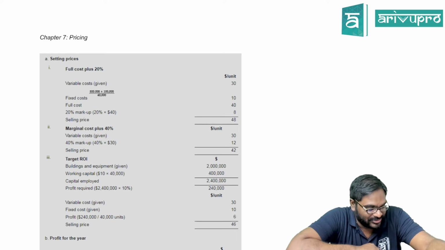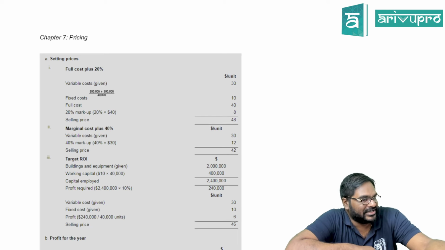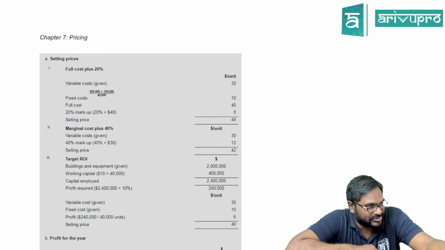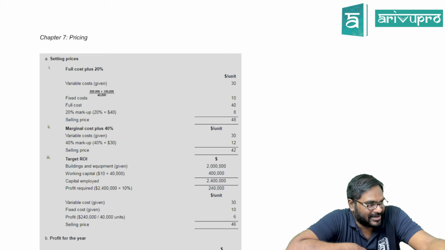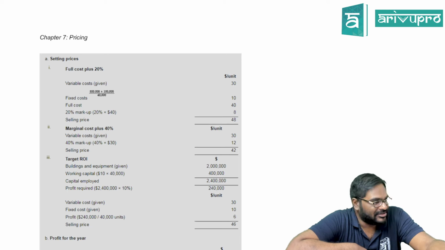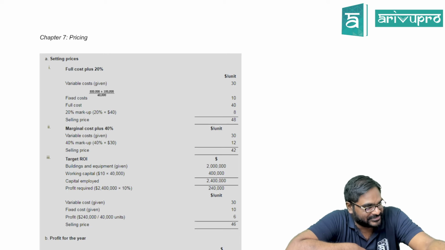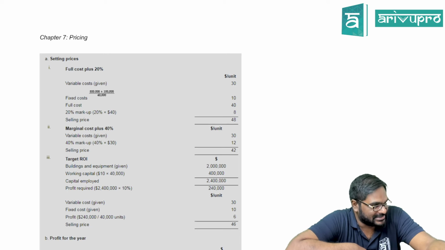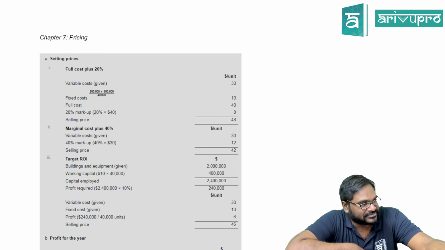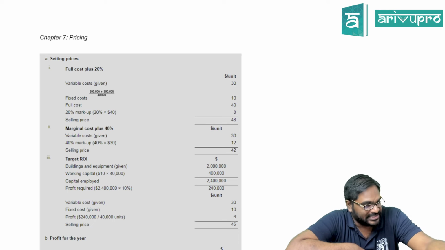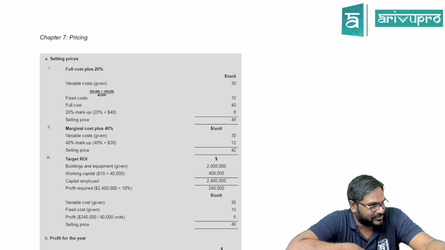Right. So what I did was, first of all, I tried to figure out how much is the investment. So we are a startup now. So buildings will be coming from the investors. So 2 million will be part of our capital employed. Since we are a startup, working capital also we are not in a position to fund. So that will also be coming from my investors. So $10 per unit is the working capital. 10 into 40,000 would be 400,000. So altogether my capital employed would be 2.4 million.